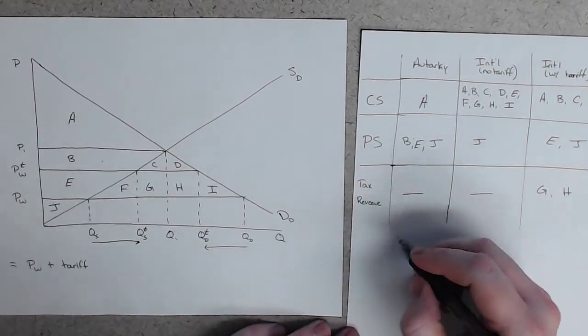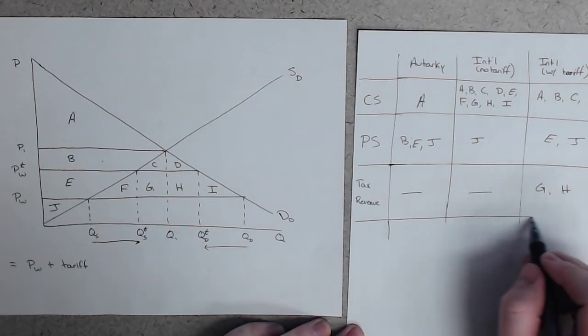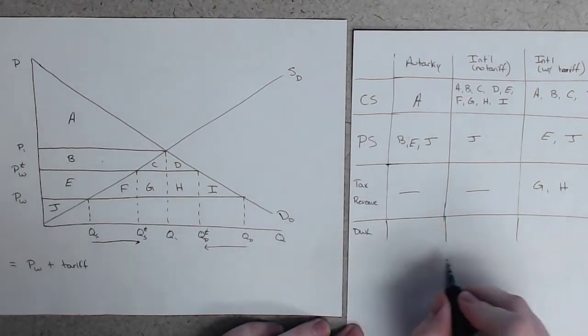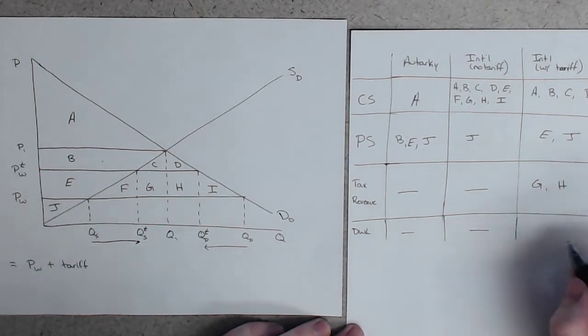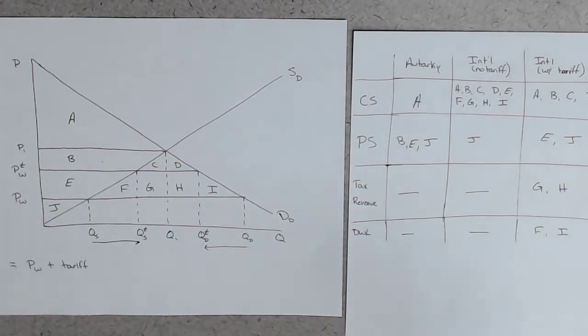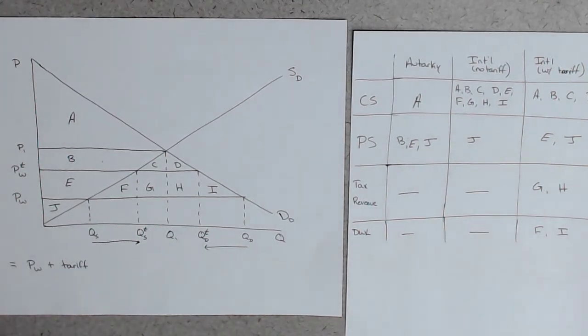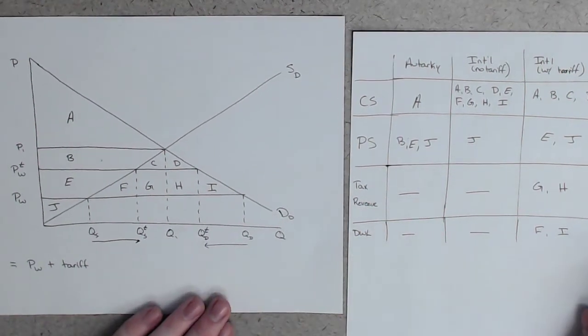But what about F and I? We need another new category. We call these deadweight loss, and that would be F and I. Deadweight loss means that these were gains from trade that were previously realized, but now are no longer being captured. I is relatively easy to see.